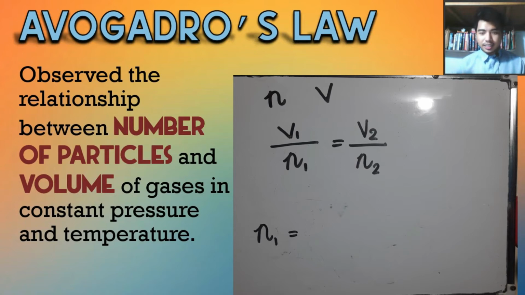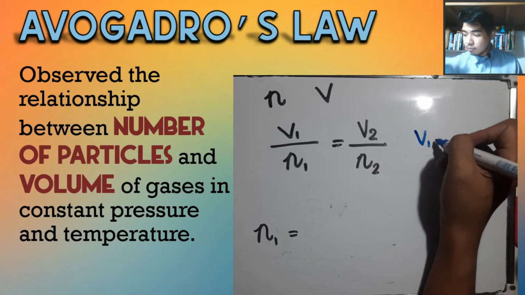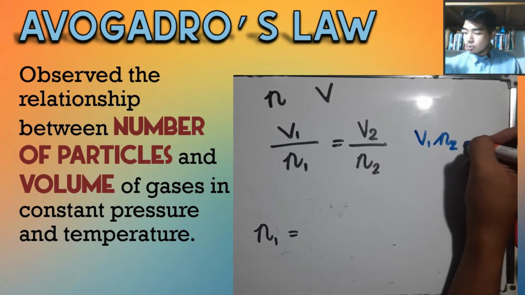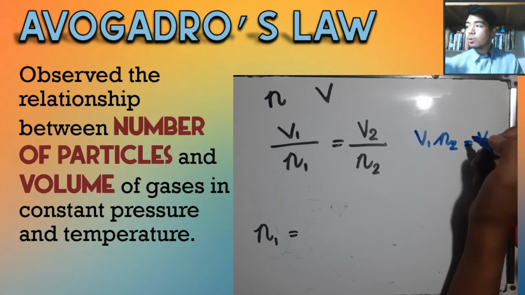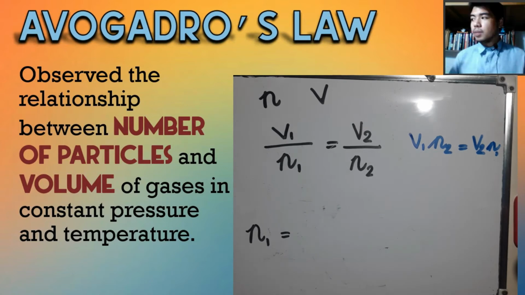For us to get this, once again, we need to cross-multiply, in which we're going to use the alternate formula that is equivalent to V sub 1 times N sub 2 is equivalent to V sub 2 times N sub 1. So this would be our alternate formula for this.